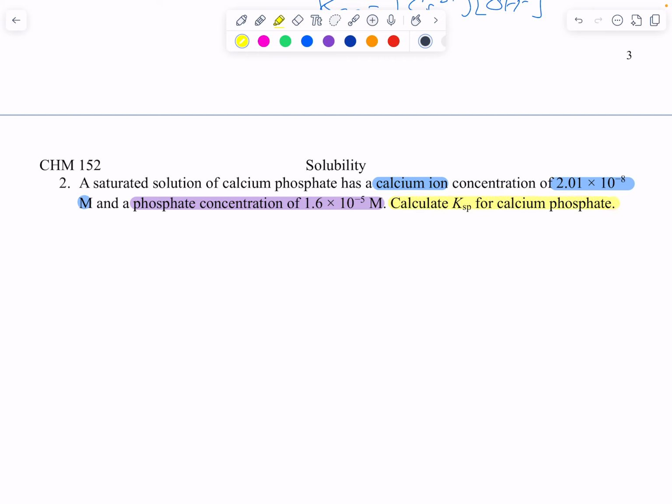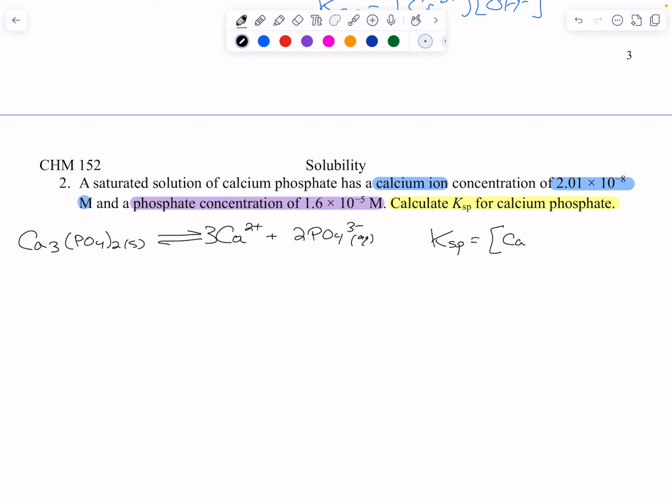Well, luckily we just did this one. So we have Ca3(PO4)2 solid, Ca2 plus, and there's 3 of them, plus 2 PO4 3 minus. And your Ksp expression is your calcium ion cubed and our phosphate ion squared.